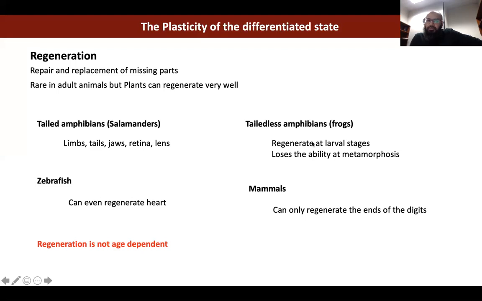It is extremely rare in adult animals, but plants can regenerate very well. If you attach a cutting of a plant to another plant, it can grow very well. But in animals, it's extremely rare, especially in larger or higher eukaryotes.